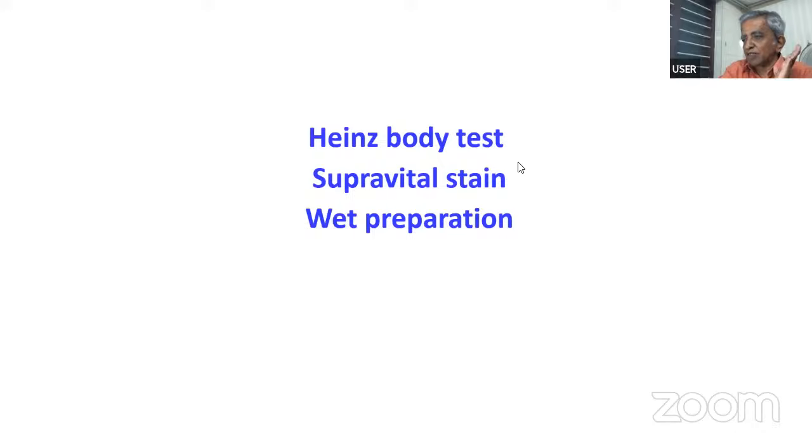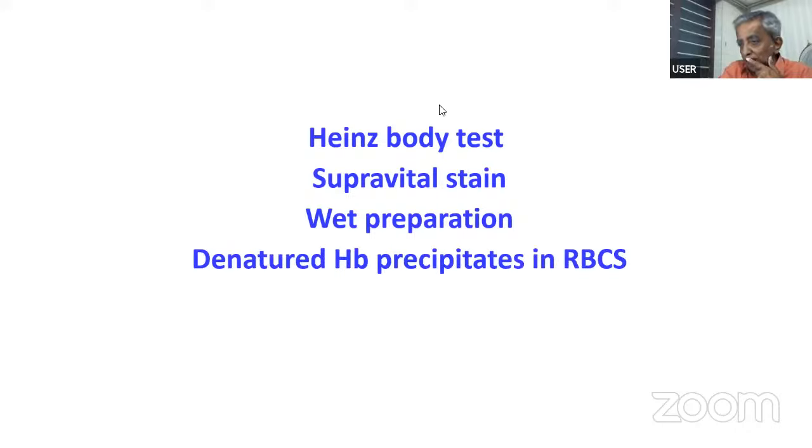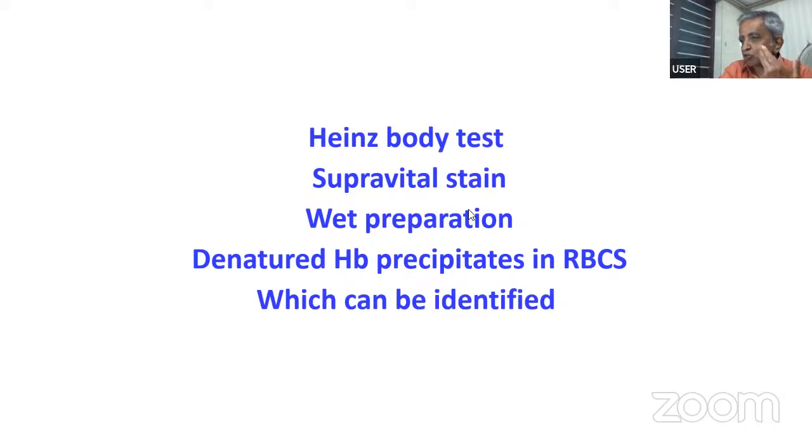Heinz body test using supravital stain. Wet preparation has to be done. In the peripheral smear, I have covered that. What I intended was denatured hemoglobin precipitates in the RBC because of oxidant stress. You stain with a supravital stain, and you can find precipitates of denatured hemoglobin, which is called the Heinz body test.